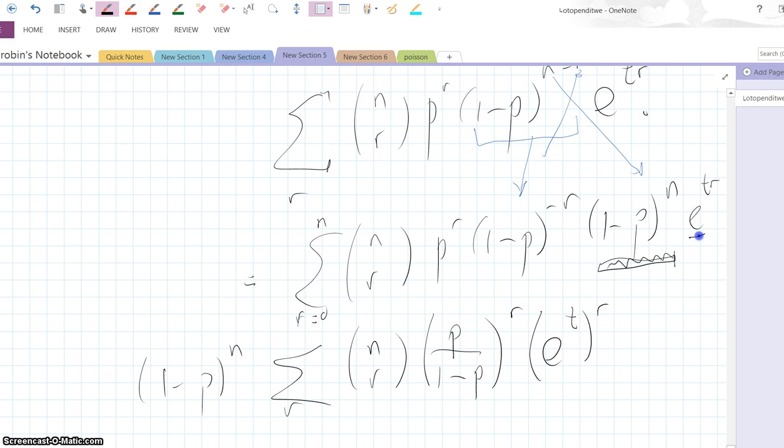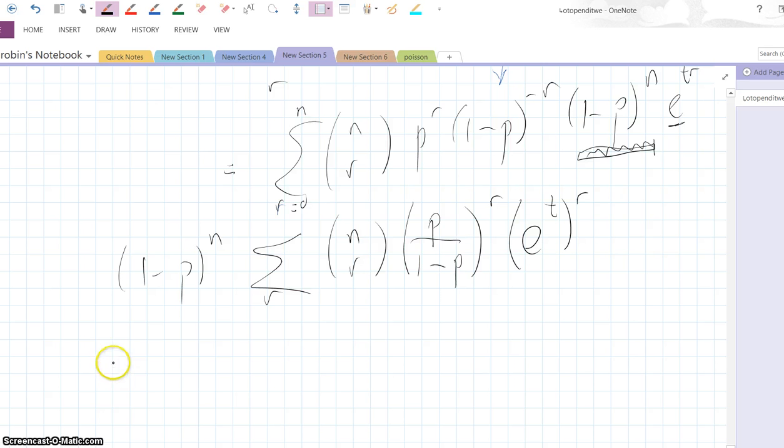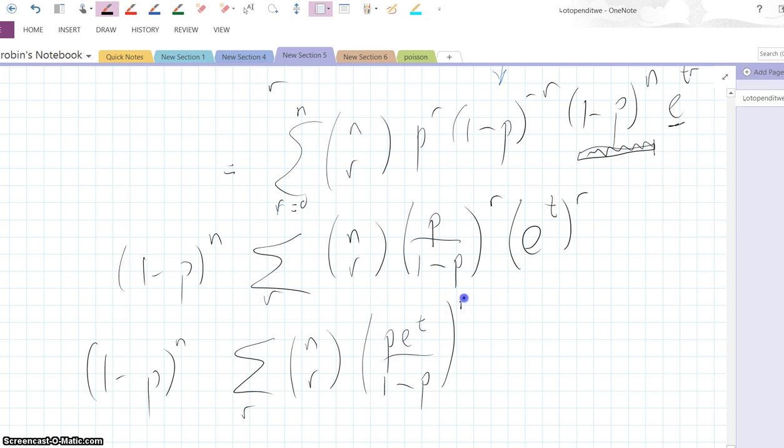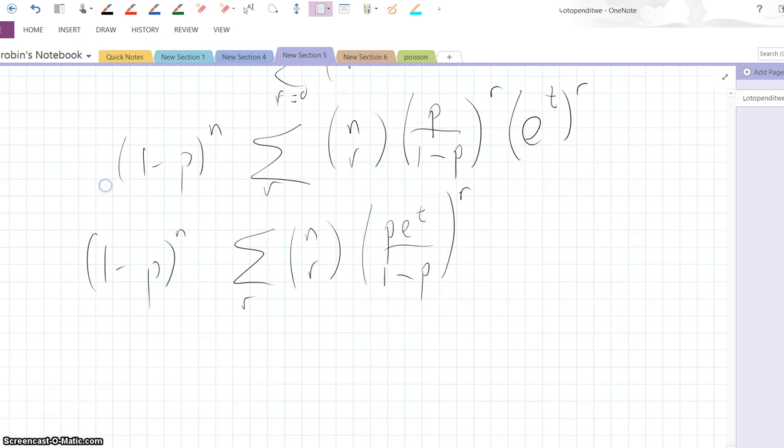All I've done is rewrite that, and this minus r means it's on the bottom. So it's 1 minus p to the n, sigma over r, n choose r, p e to the t over 1 minus p all to the power r. Which isn't as bad as it looks.